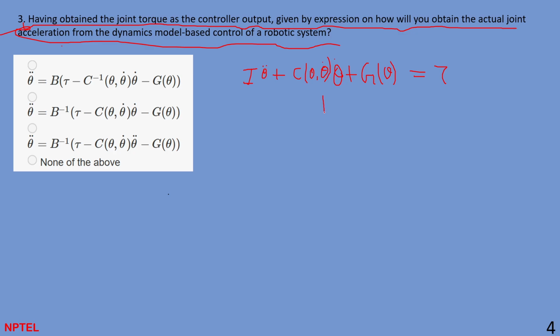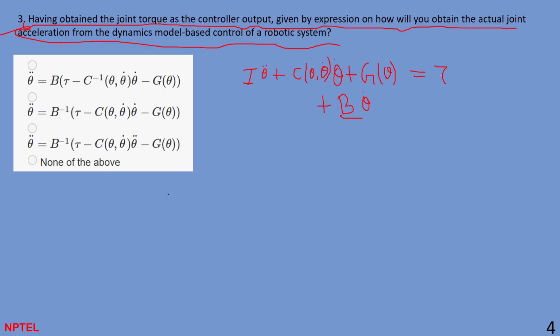There is one more component, which is due to friction, something like B theta dot. This is a friction component, but here it is not given, so we need to neglect this part.